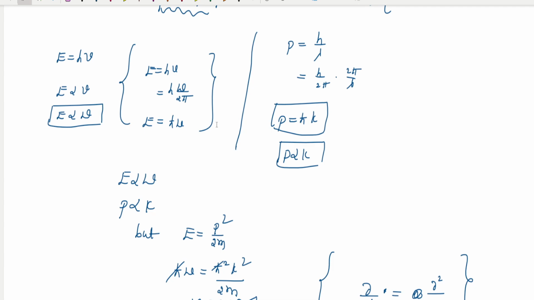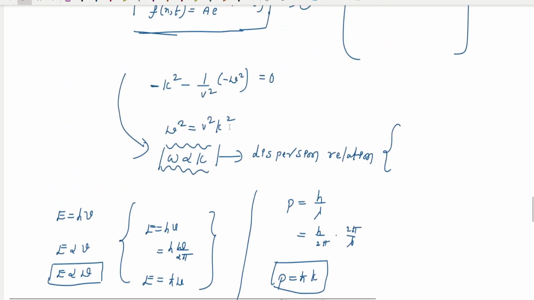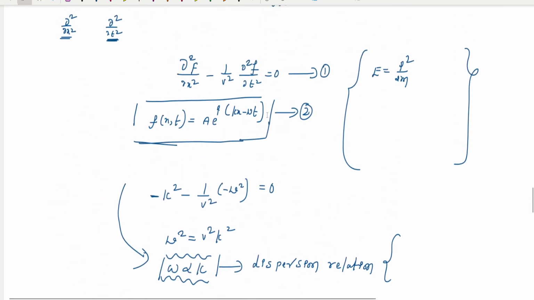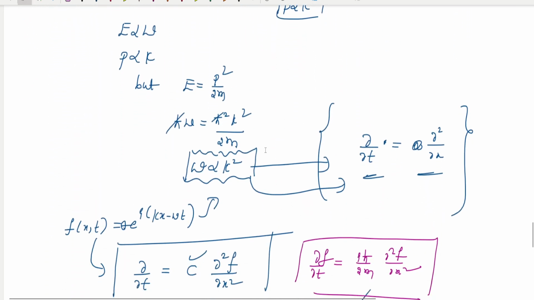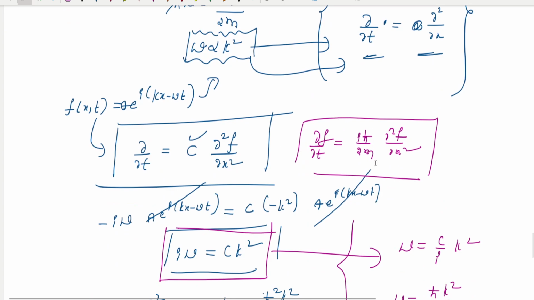This classical wave equation is according to the wave property of matter, and this entire derivation is based on the de Broglie hypothesis, lambda is equal to h divided by p. So here we need to modify this equation like this, and we can get the Schrodinger equation.